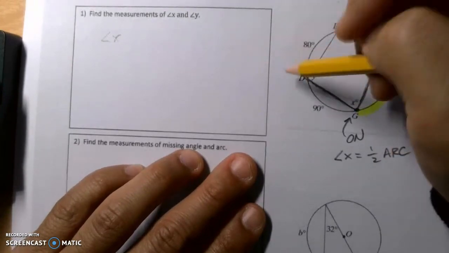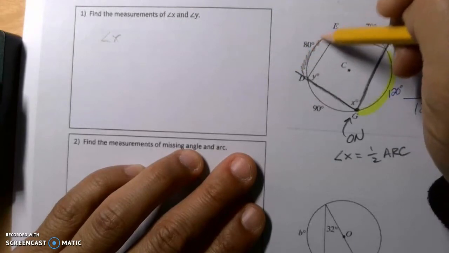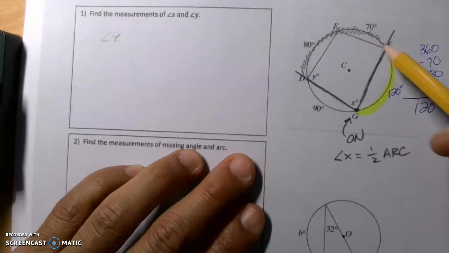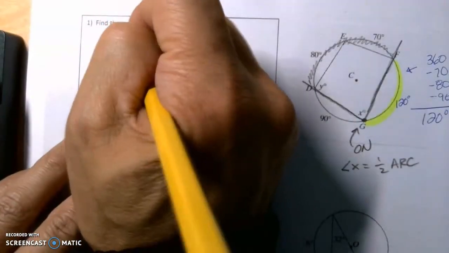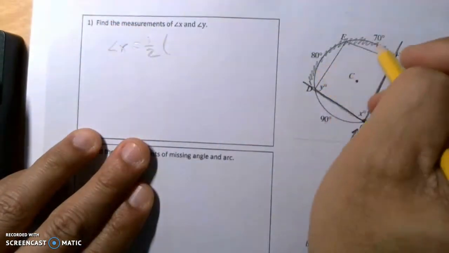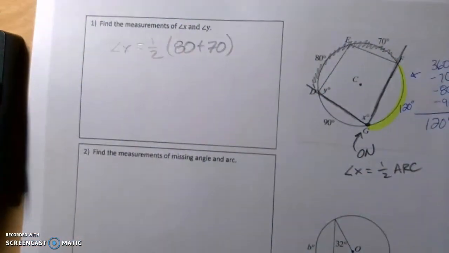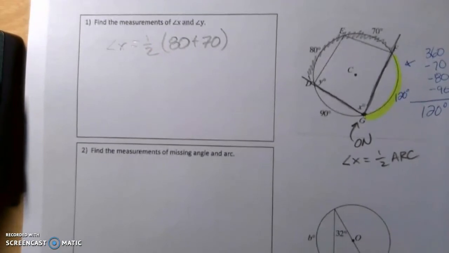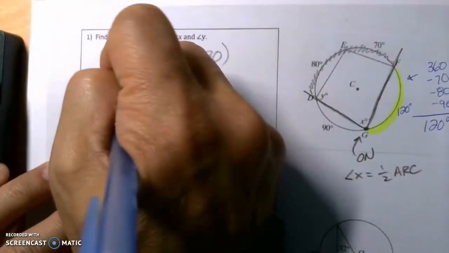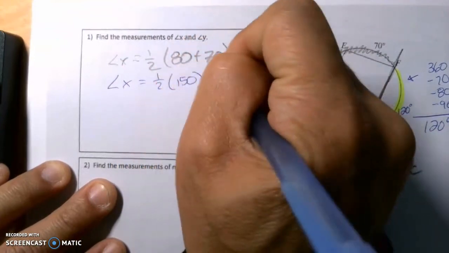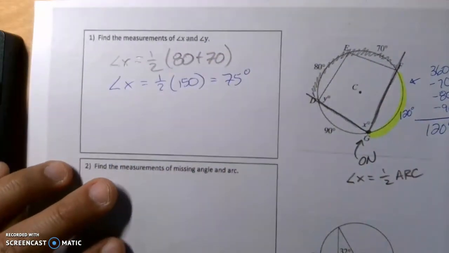It hits point D. So it intercepts this arc that I'm showing with my pencil, this fuzzy arc. Angle x is half of 80 plus 70, because it hits that entire fuzzy arc. Angle x is half of 150, so angle x is 75 degrees.